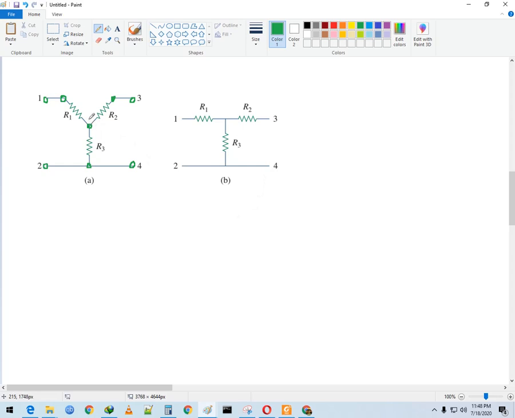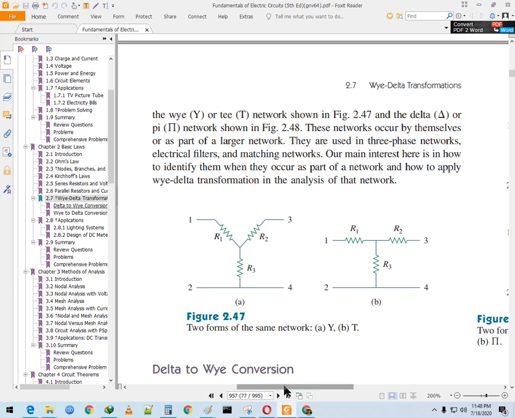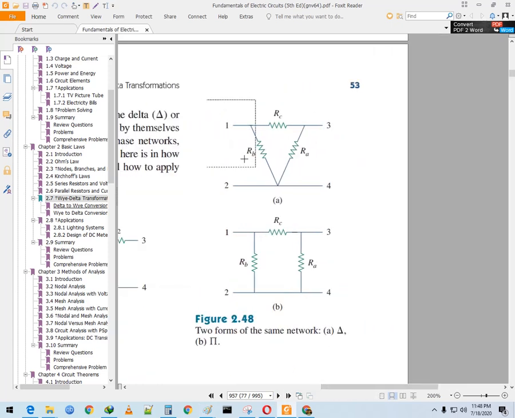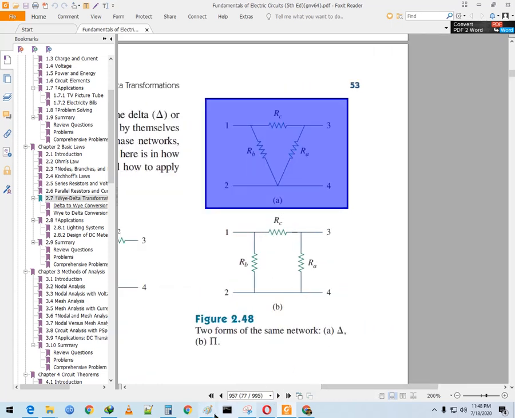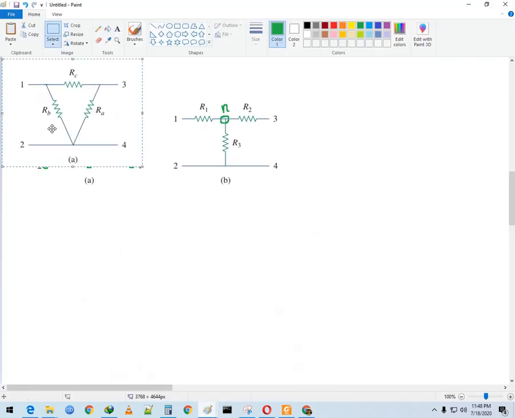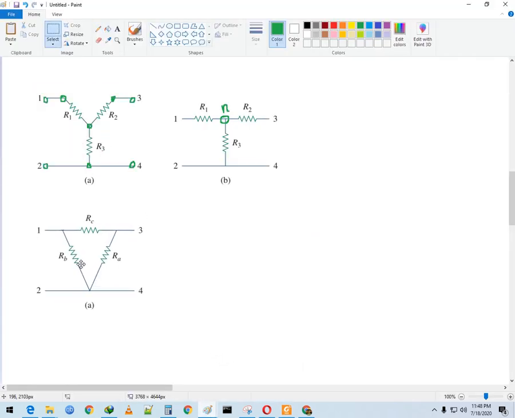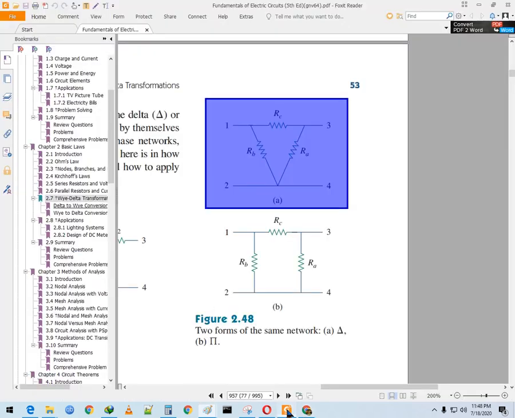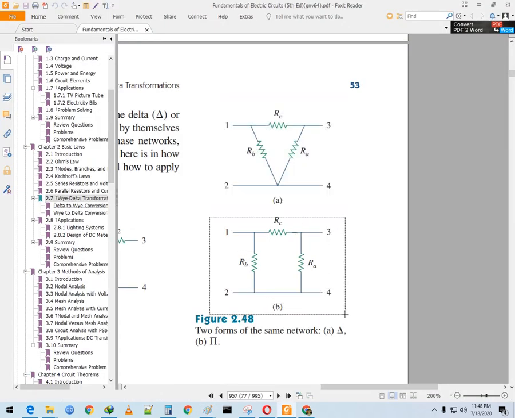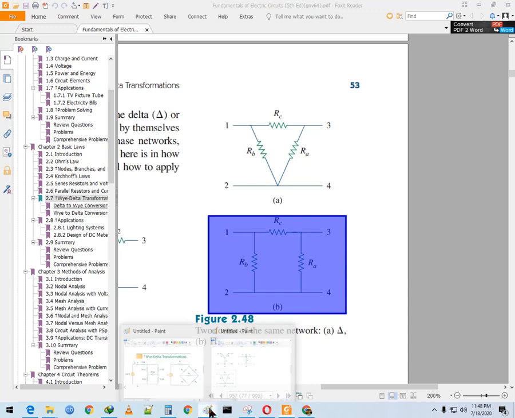Here this is a Y circuit, so it will have a common point, this one. So this is the neutral point N. For delta we have something similar. So this is one delta circuit, and the same circuit can be written like this.